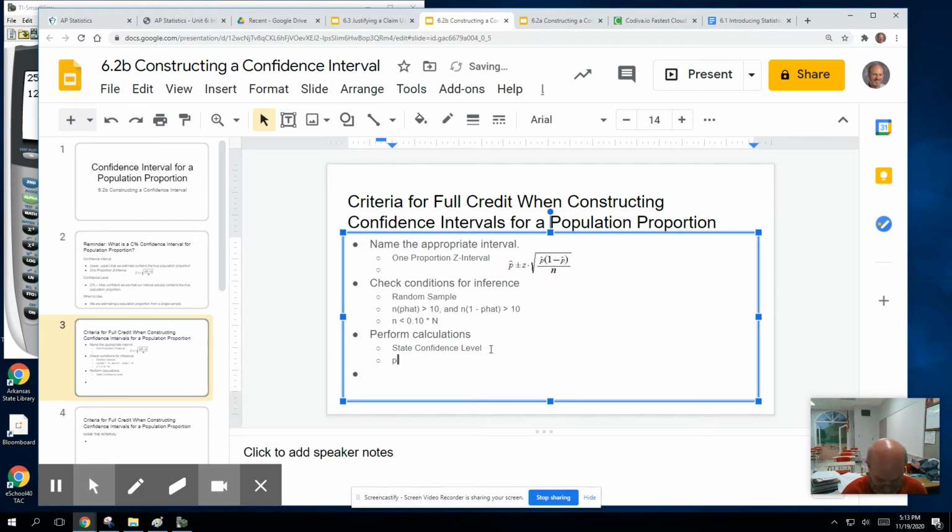Then we're going to plug in p hat, z star, and n into the formula. And we are going to give our answer as an interval.